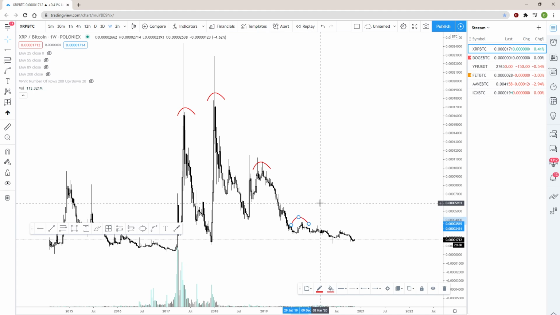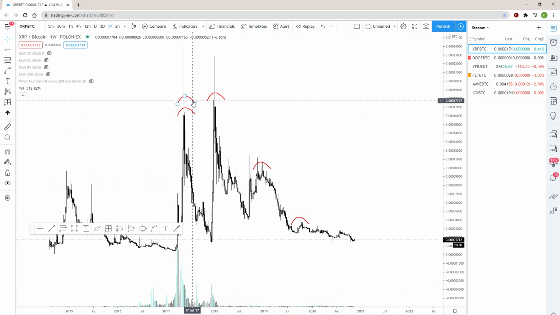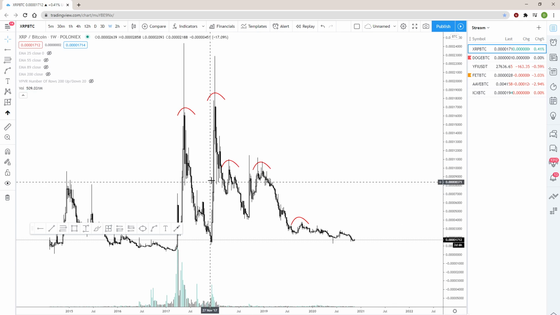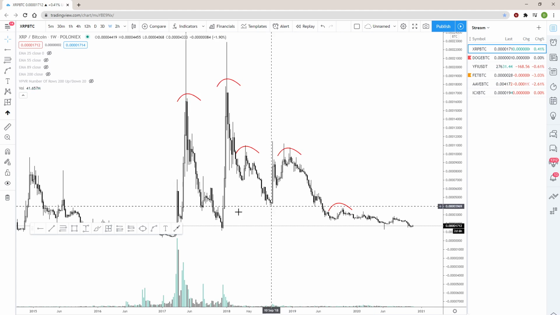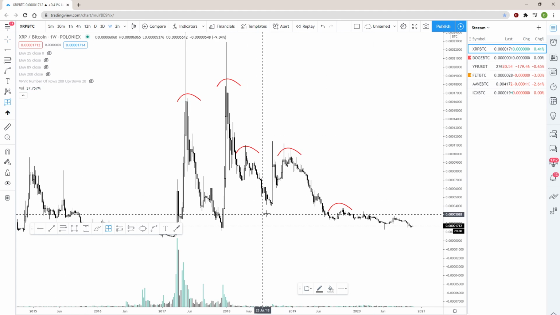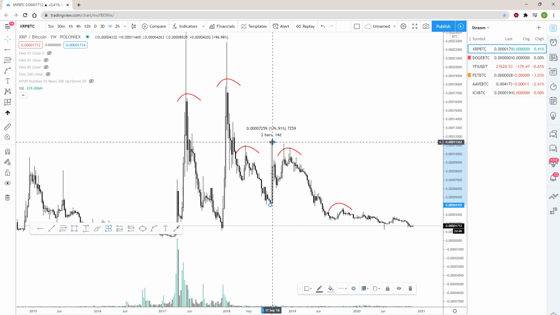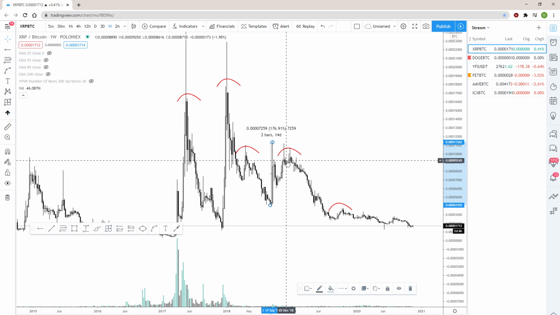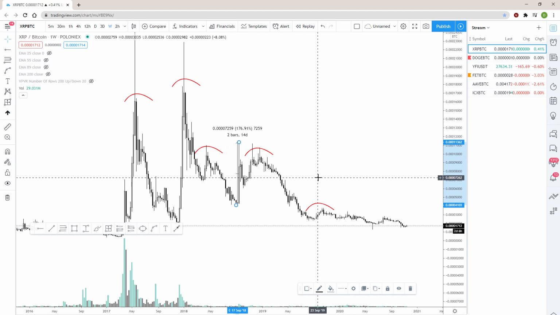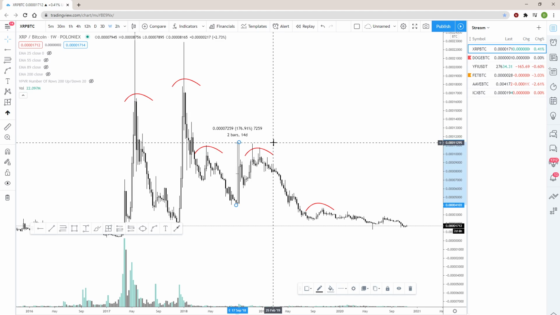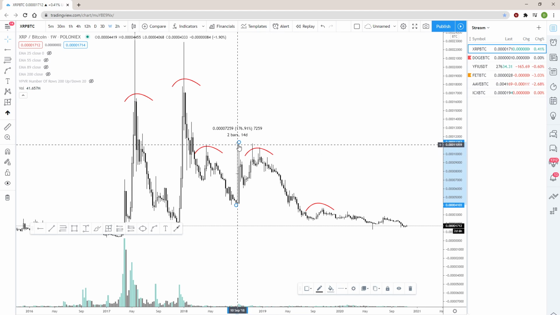But the V-shaped reversals will come in the sense that you will get 100 to 200% moves, and usually these will form lower highs in general, but they're still very profitable when you play them.